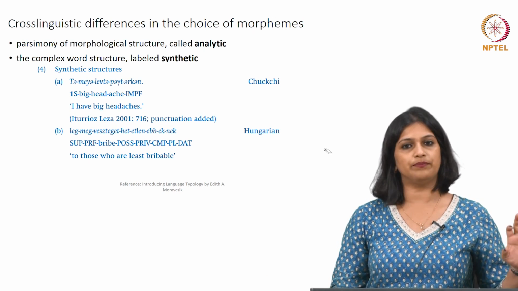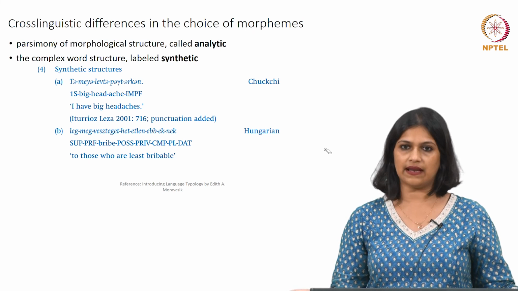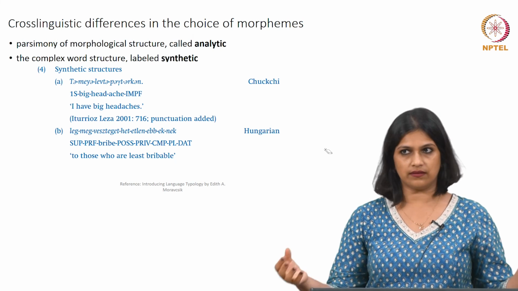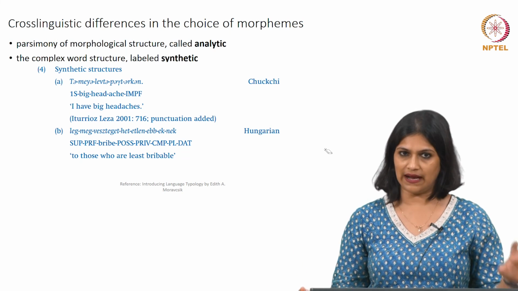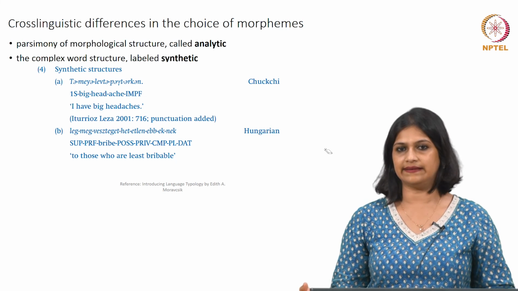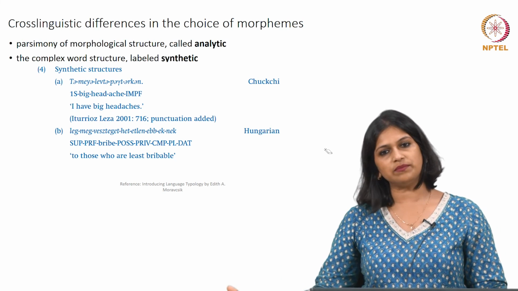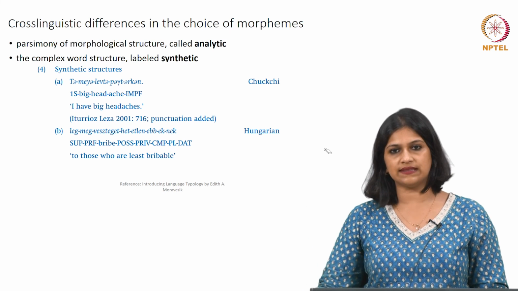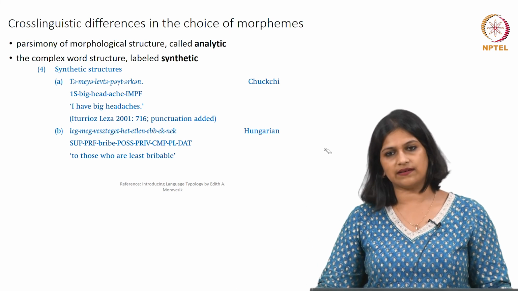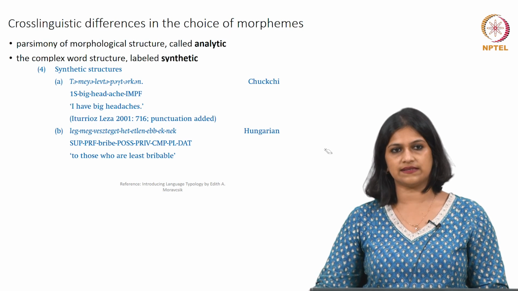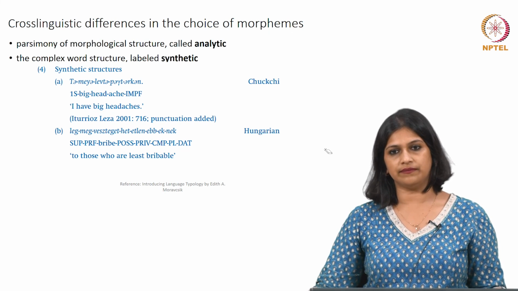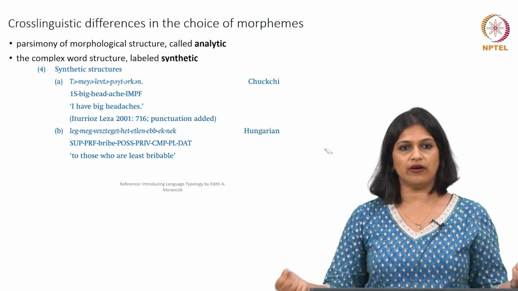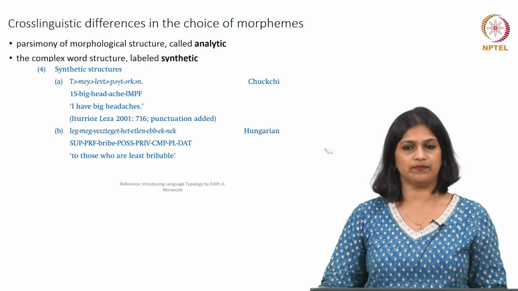Certain languages are purely analytic, mainly languages like Sino-Tibetan, Tibeto-Burman, or languages spoken in the Far East countries. So, that would be mainly analytic. Then the languages in the extreme end of the spectrum, which are synthetic, are primarily languages like Hungarian. Then, if you consider India as a linguistic area, we have all the Dravidian languages. These are extremely synthetic in nature. Their morphemes are heavily loaded with information.